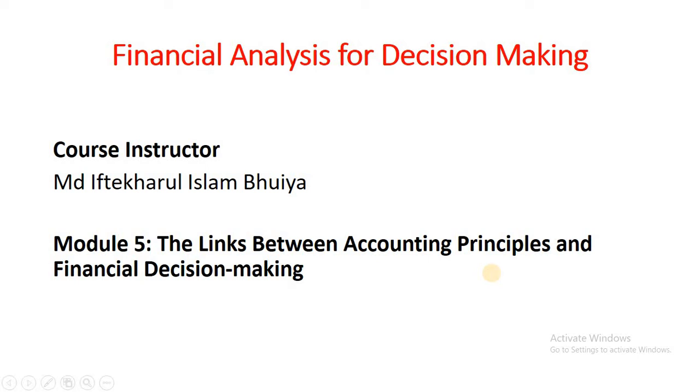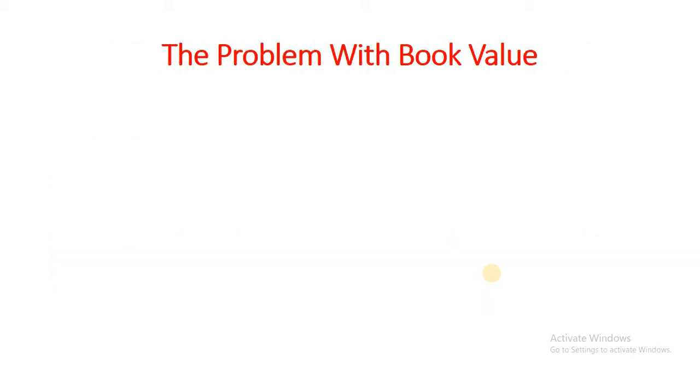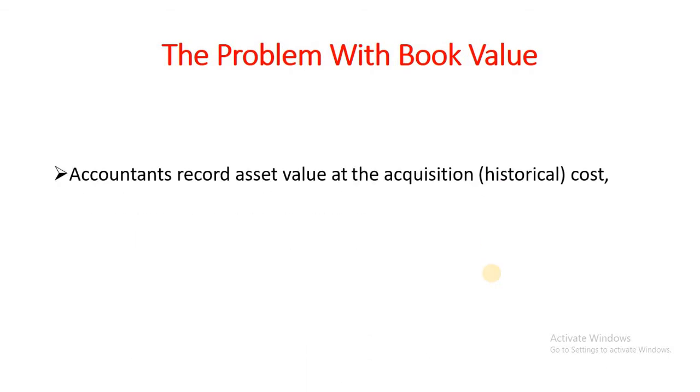Hello everyone, welcome back. In this lecture, we'll cover one of the limitations of accounting principles, which is historical cost versus market value. We know that there are problems with book value. Accountants record asset value at the acquisition cost or at the purchase price, which is always historical.